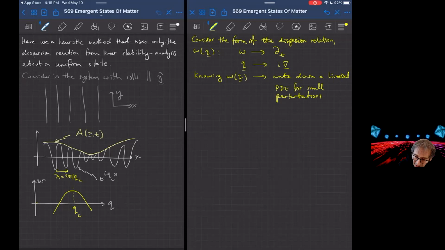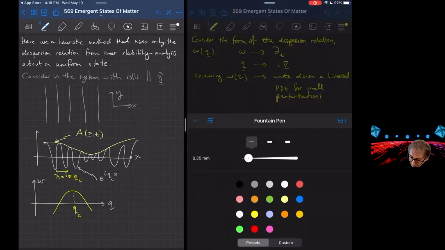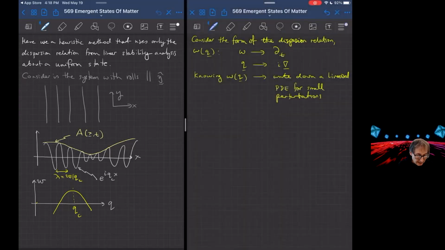So let's ask ourselves then, what does omega of q look like? Well, just from what we have over here on the left, you can see that it has the form of some kind of parabola centered on q_c. So I'm going to write omega of q in the following form.